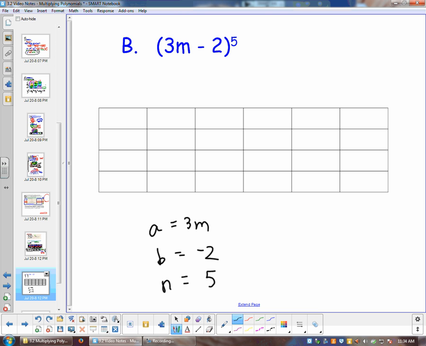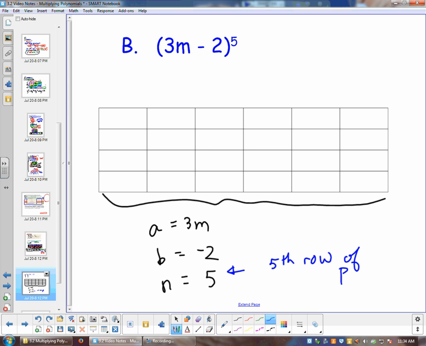So if its n value is 5, we had kind of a spoiler alert, we already have 6 columns here, but that's because we knew that we were going to be multiplying this out, and if n is 5, that means we want to go to row 5 of Pascal's triangle. But the idea, remember, is that if you're raising something to the 5th, you're going to end up with 6 terms. So that's why we had to have 6 columns to work with.